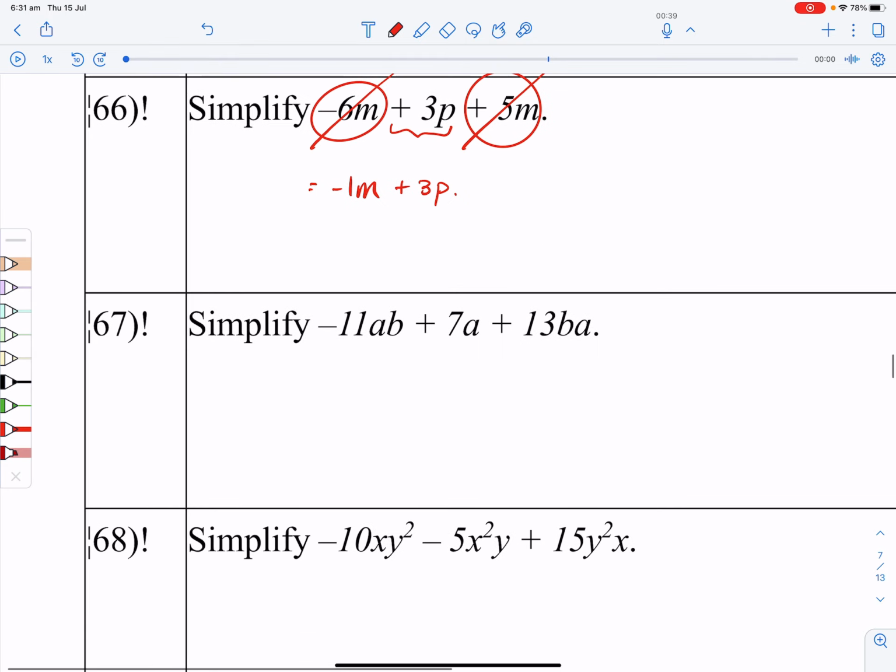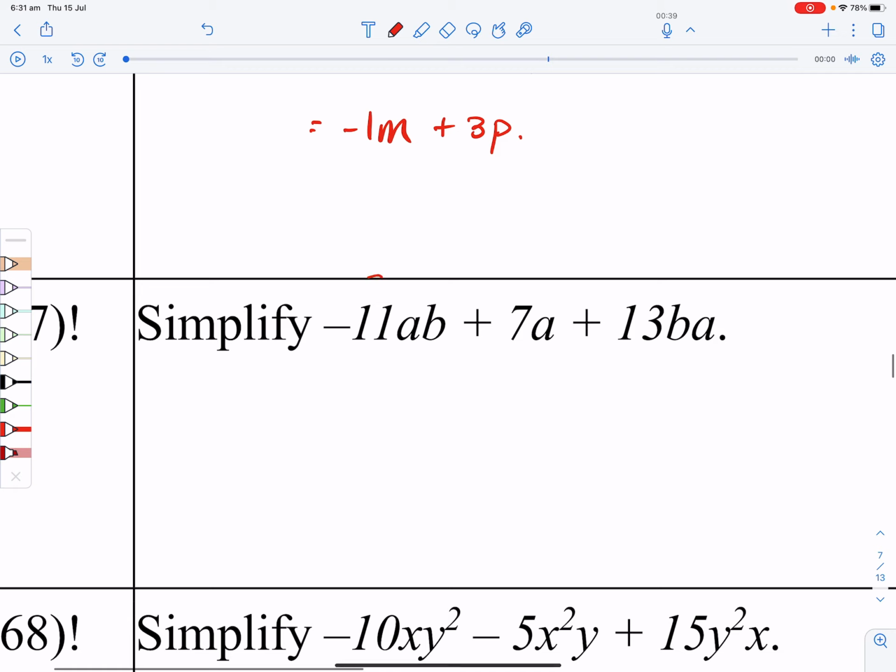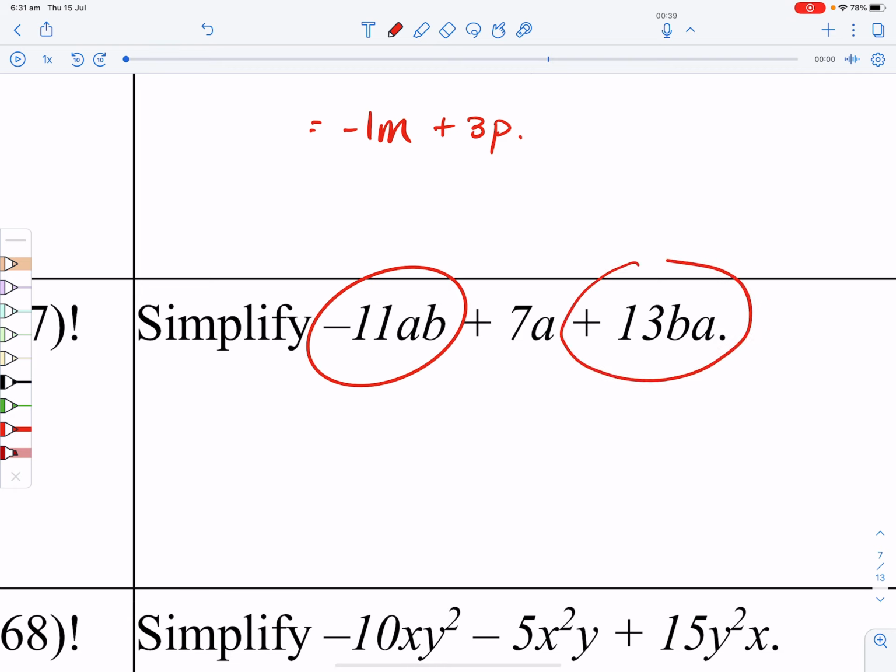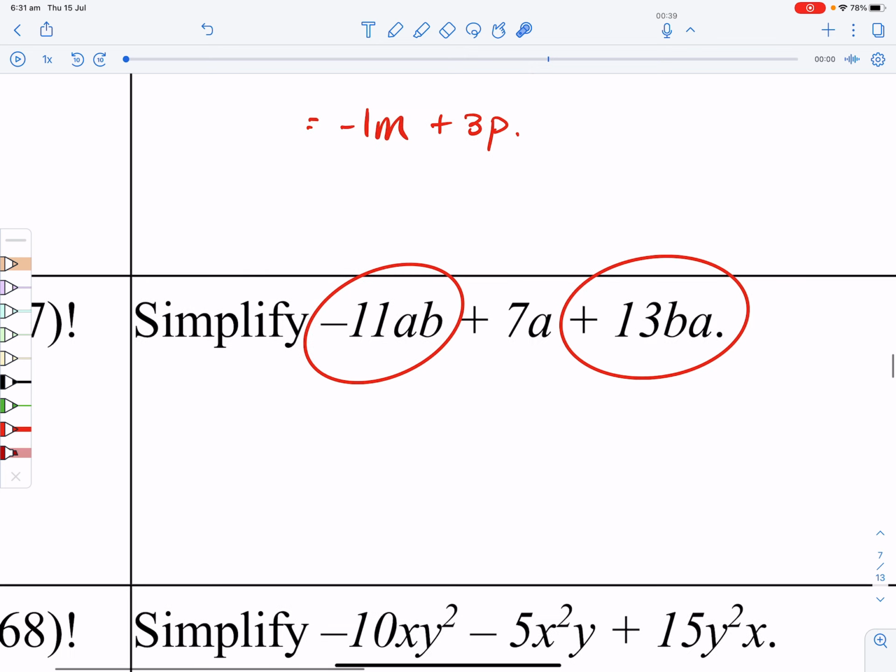Let's look at the next one. Let's circle the like terms. Okay. So ask yourself, what's minus 11 plus 13? The answer is 2. So of course, you're going to put plus 2. You're not going to put minus 2. Again, let me explain that again.